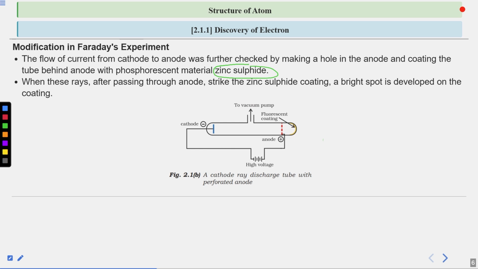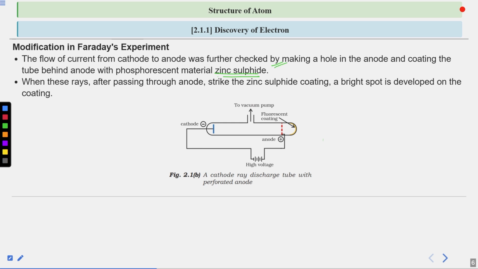Some will hit the back of the tube and some will hit the anode. The particles which hit the anode will flow through the circuit, and the particles which hit the bottom side of the tube will provide energy for this zinc sulfide. I've already told you that the back of this tube is coated, meaning it is painted with this zinc sulfide.